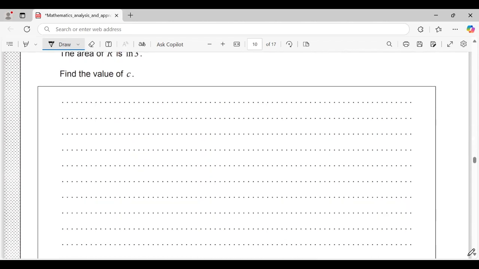Right. The area, how to calculate area? We can calculate through the integral from 0 to c of the function x over x squared plus 2 dx. And according to the information, this is ln 3. The result is ln 3.